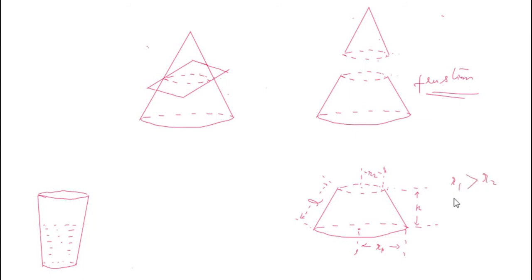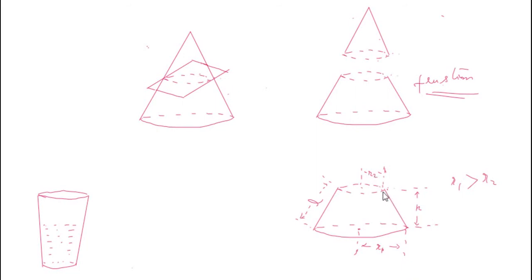R1 is the radius of the larger circular surface and R2 is the radius of the smaller circular surface. Height h is the perpendicular distance between the two parallel surfaces, and then the slant height is L. There is a relationship between L, R1, R2 and h.